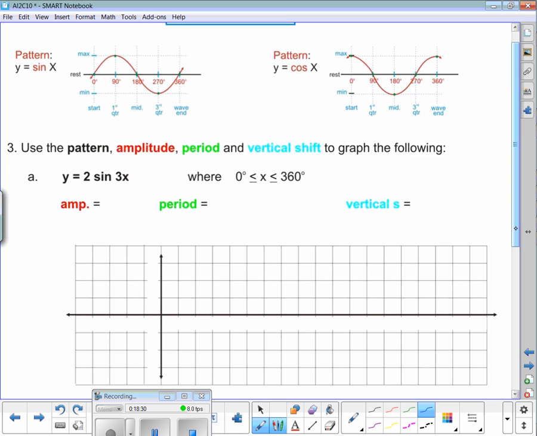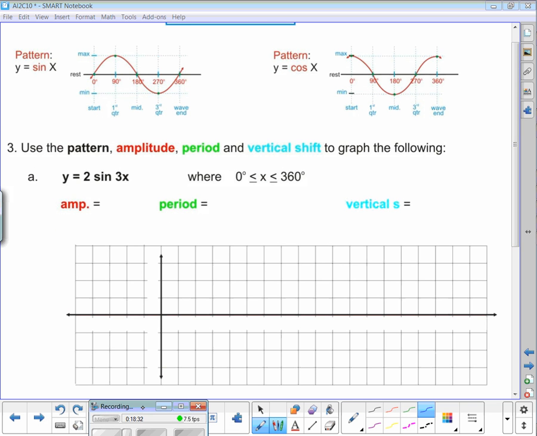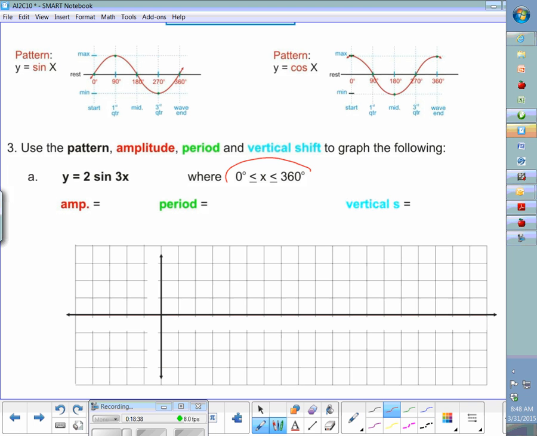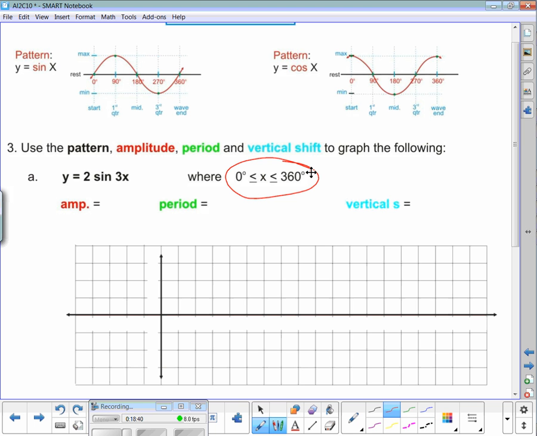All right. So let's go ahead and use the pattern to graph. What we're going to try to do is tell you what amount of degrees you want to graph the wave within. So in this case, we're saying, hey, go between 0 and 360 degrees.